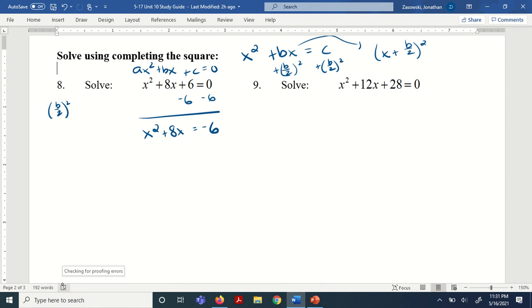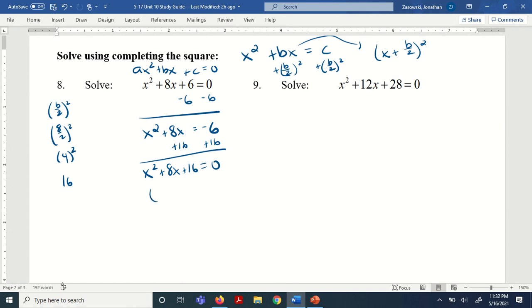The b is 8. So 8 over 2 squared is 4 squared. This is an important number, remember that, and that's 16. So we're going to add 16 to both sides. So x squared plus 8x plus 16 is equal to 10.